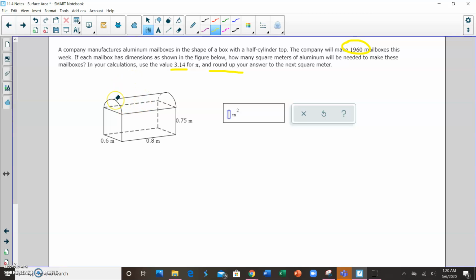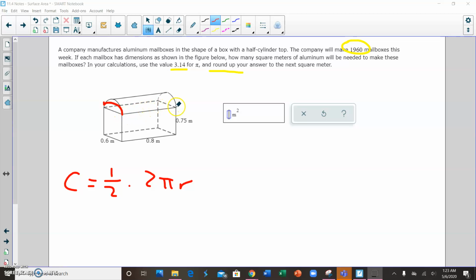So then how do we do this piece right here? To do this piece, we have half of the circumference. So the circumference is equal to 1/2 times 2 pi r, because we only have half of it. And then we're going to multiply that by the height of the label.